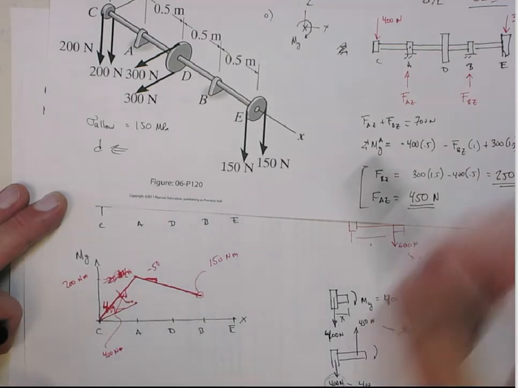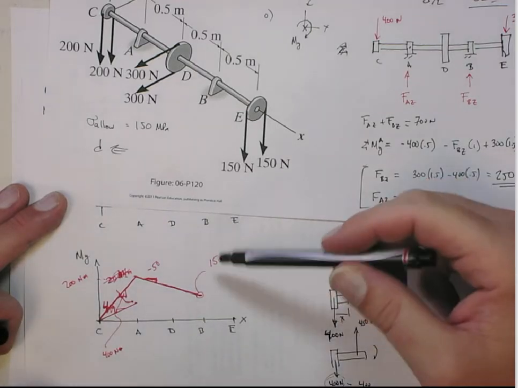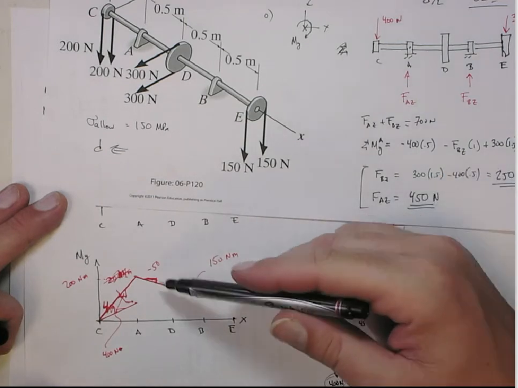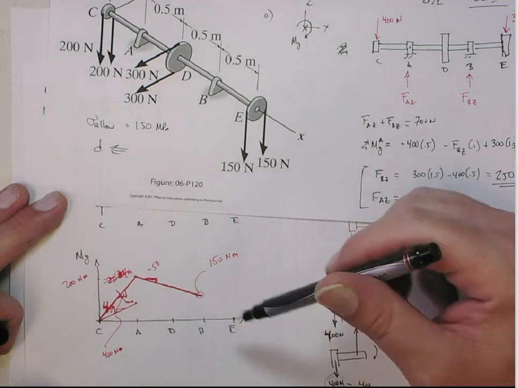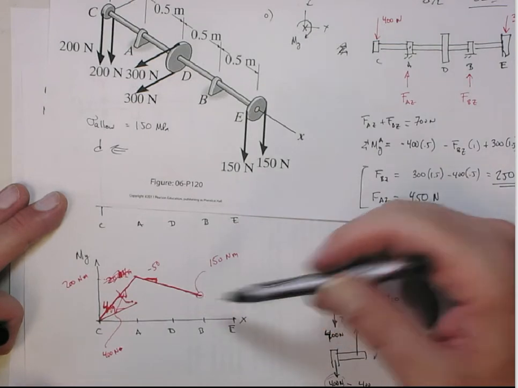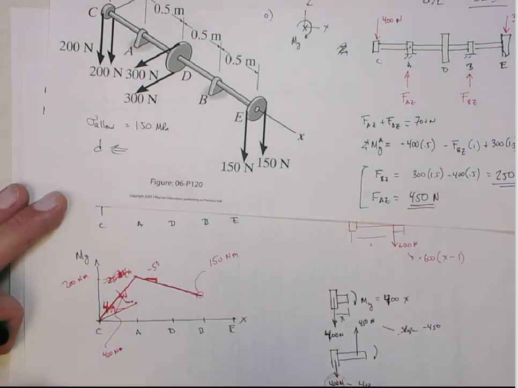Right, 250 newtons. The point force, so this has a slope of minus 50. Then we're going to have to drop the slope off of it of another 250. No, 250.